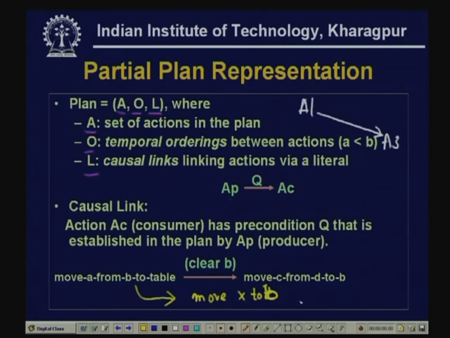B is no longer clear as a result of this action. So, not clear B. If B is not clear, this action cannot be executed.